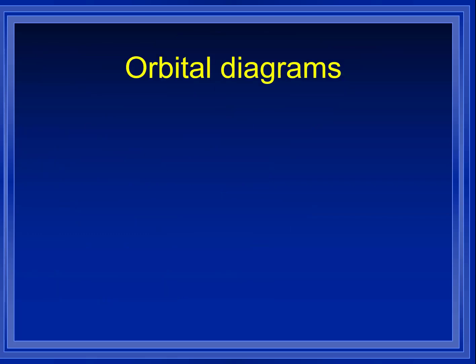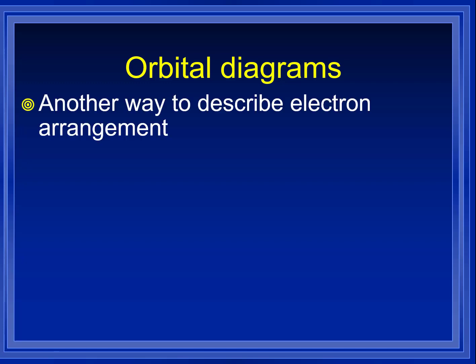Okay, a second way of showing the electron arrangement is an orbital diagram. An orbital diagram.